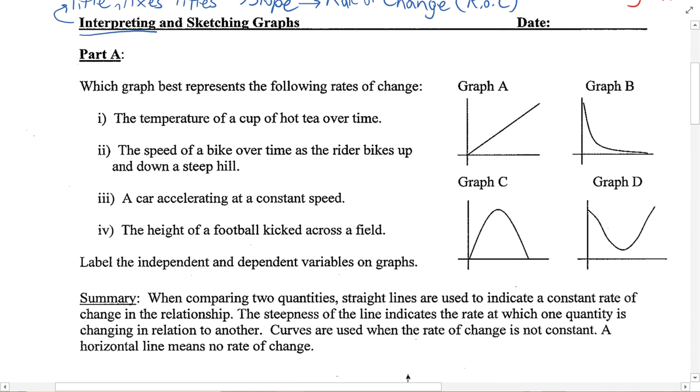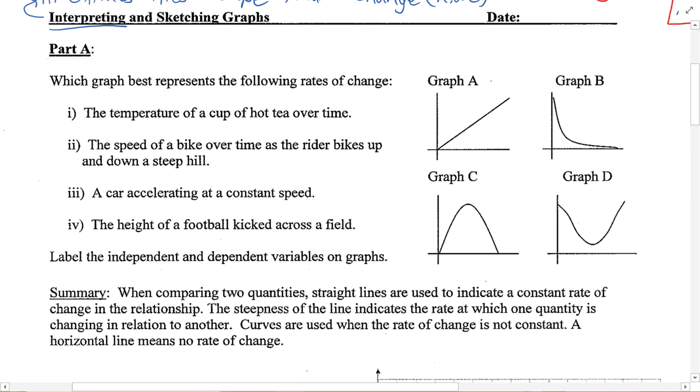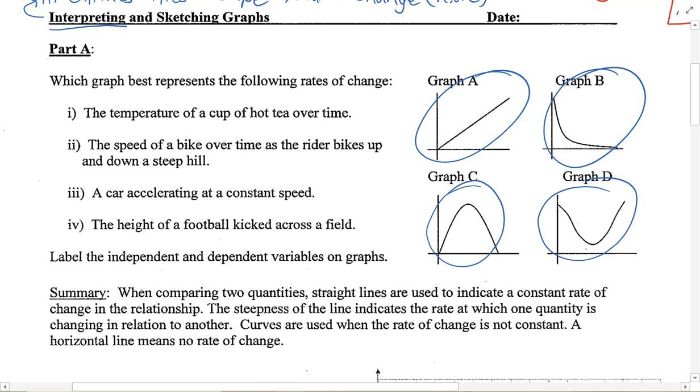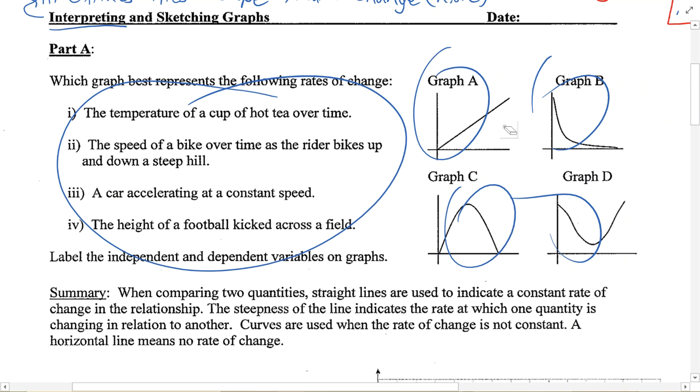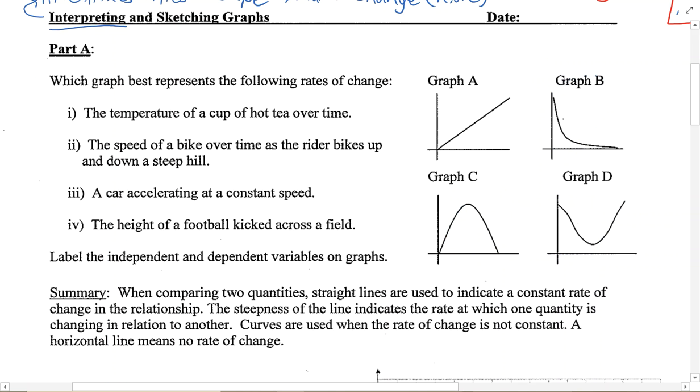So now we're going to have some fun. We have a constant rate of change, we have a decreasing rate of change, we have a rate of change that increases, then decreases, and vice versa: decreases, then increases. So which one is which? Looking at the scenarios here, we have to match it to the graph. So let's see here, temperature of a cup of hot tea over time. Well, what's going to happen with that temperature?